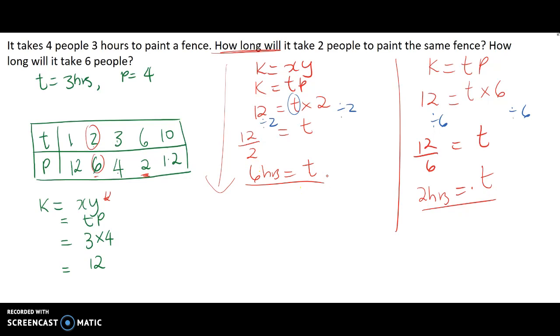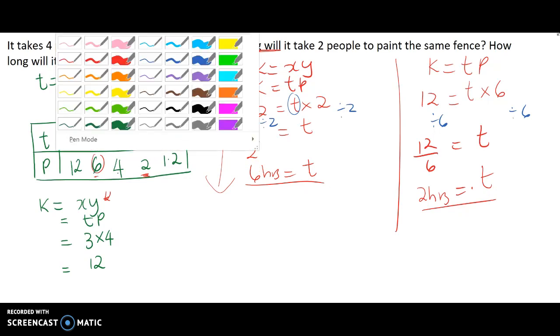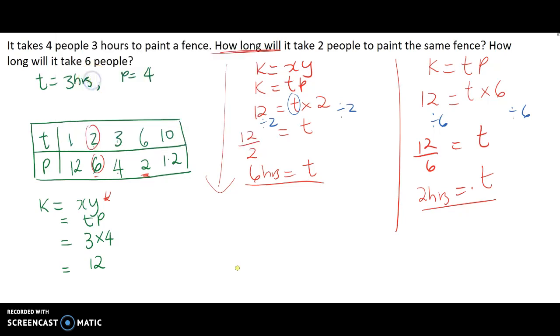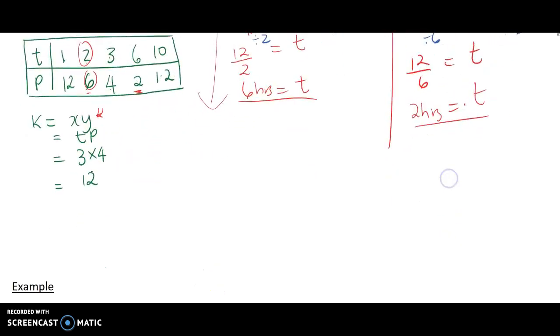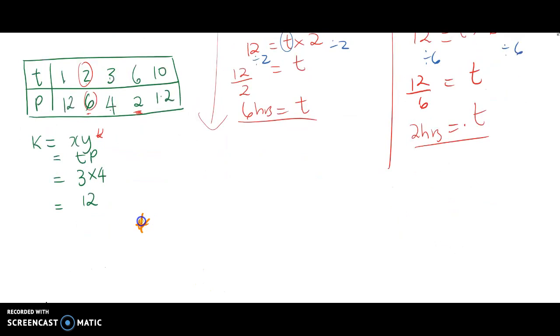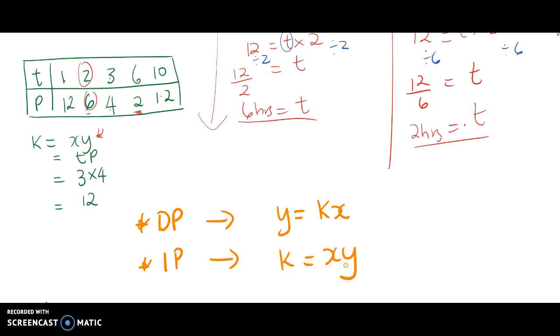So what you need to identify by now is, just as a summary, for direct proportion, y is equal to k times x. For inverse proportion, k is equal to xy.